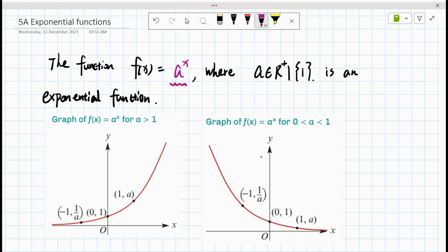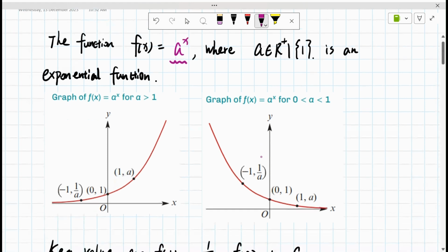We can see the graph is different. If a is greater than 1, the graph is going from low to high, and we also have something called the asymptote, which means we cannot touch the x value, which is y cannot equal 0.